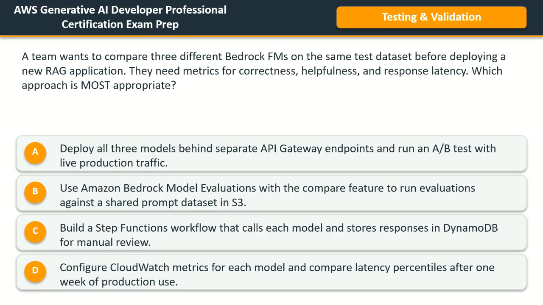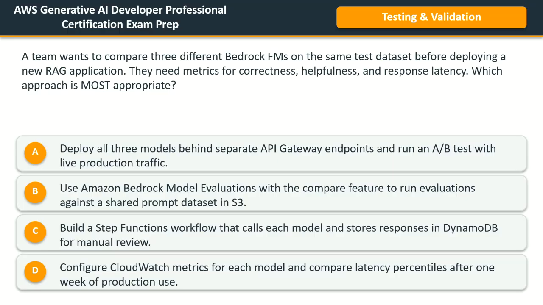Option A, deploy all 3 models behind separate API Gateway endpoints and run an A/B test with live production traffic. B, use Amazon Bedrock model evaluations with the compare feature to run evaluations against a shared prompt dataset in S3.